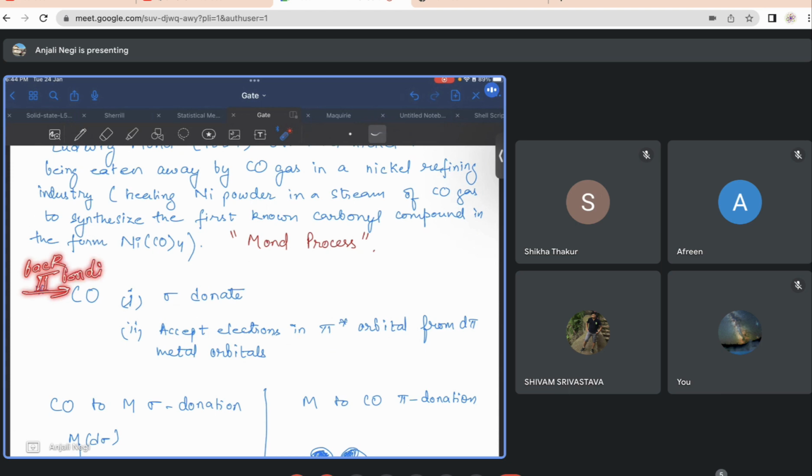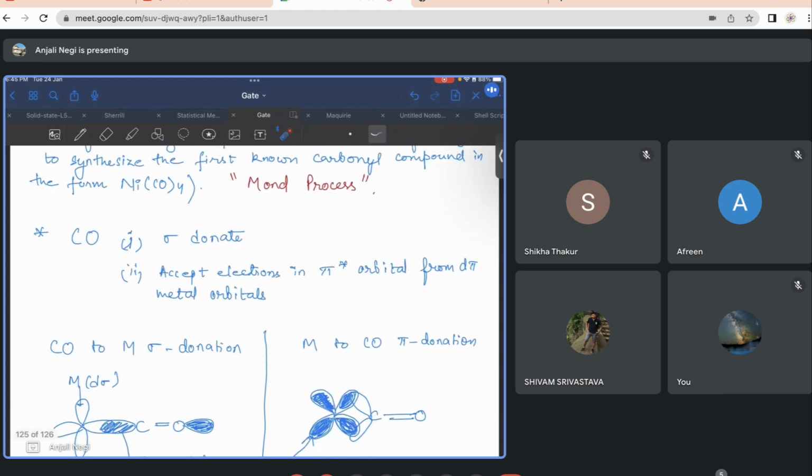So there is a sigma bond formation between the carbonyl and metal, and then a back pi bonding between the metal d pi orbital and the pi antibonding of the carbonyl. Because of this back pi bonding, there is a direct effect on the CO stretching frequency.